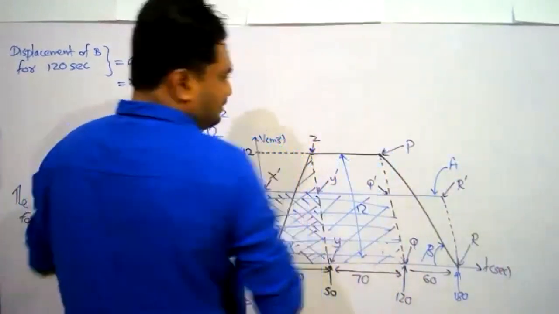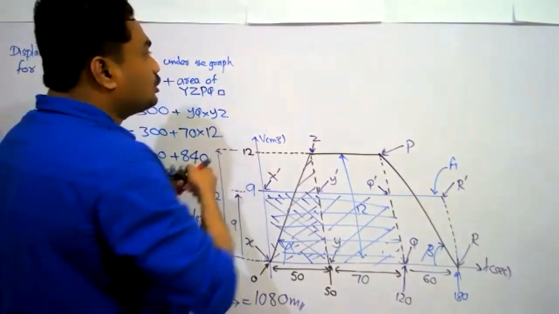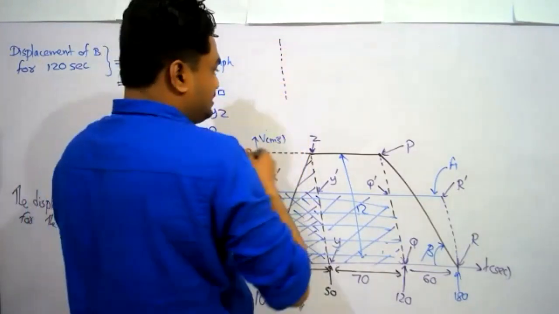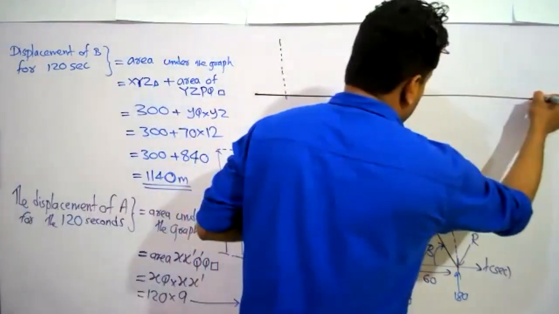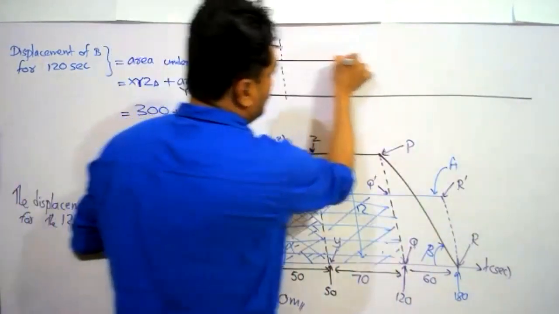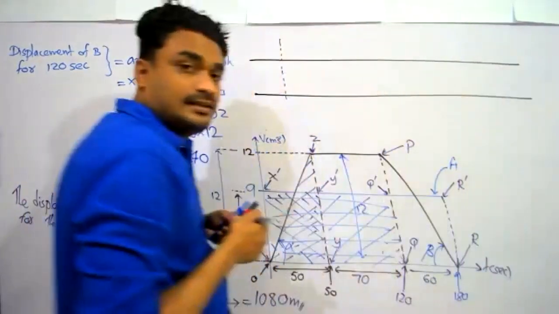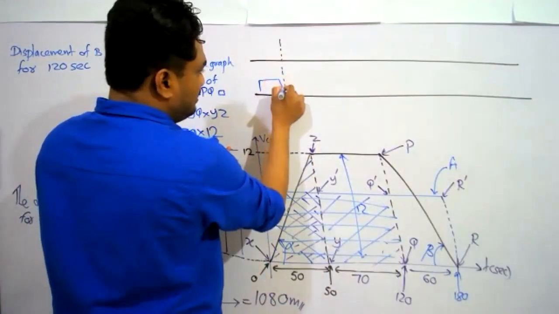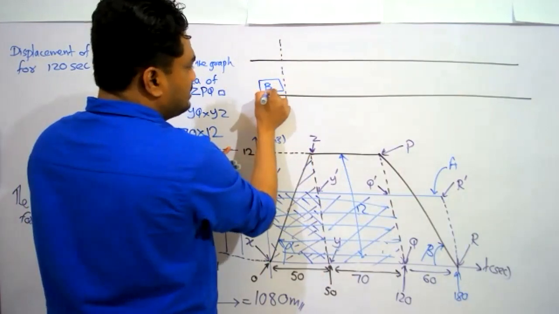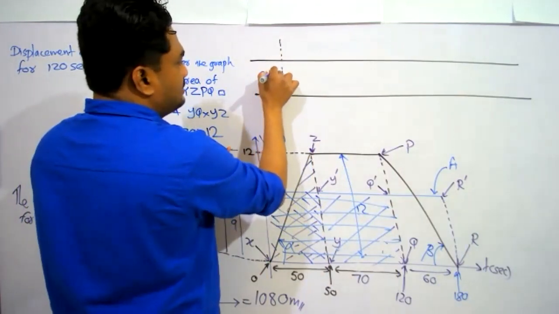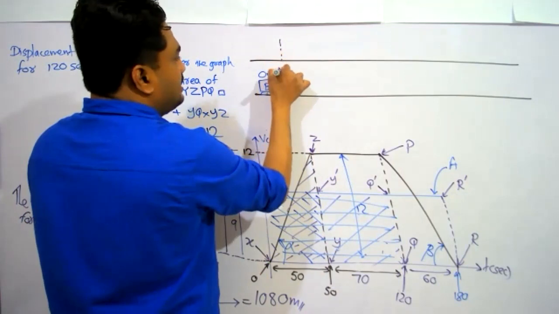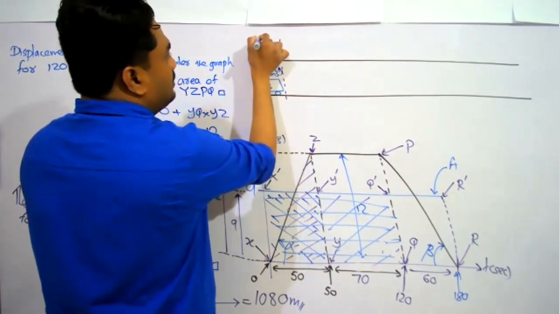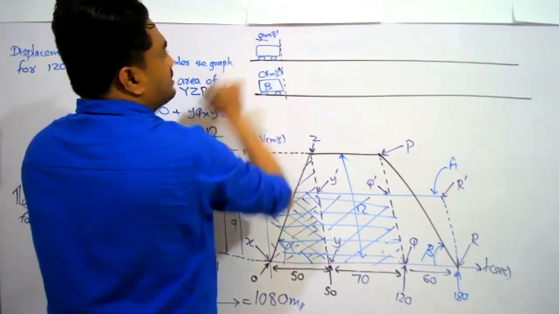Both vehicles start the motion at the same place. Both A and B start their motions at the same place. The only difference is that vehicle B starts the motion at rest, but vehicle A starts the motion with a velocity of 9 meters per second.